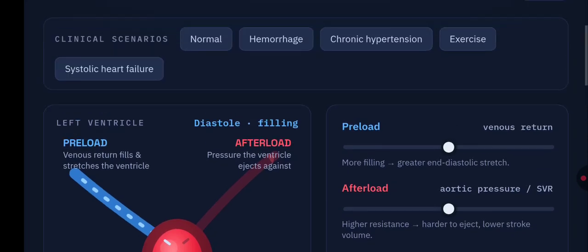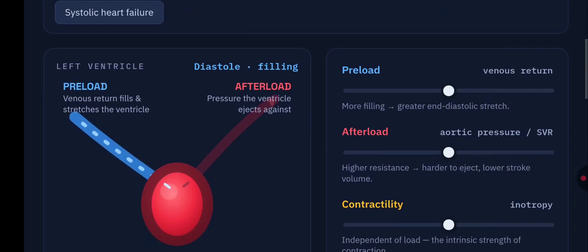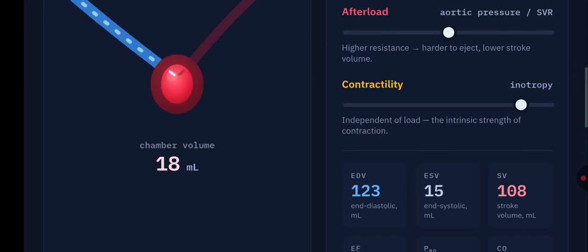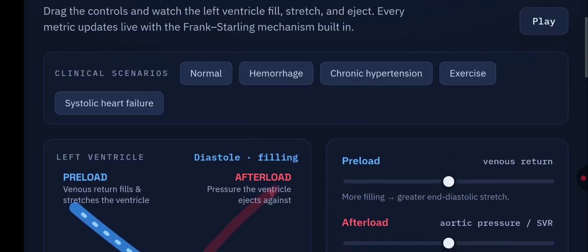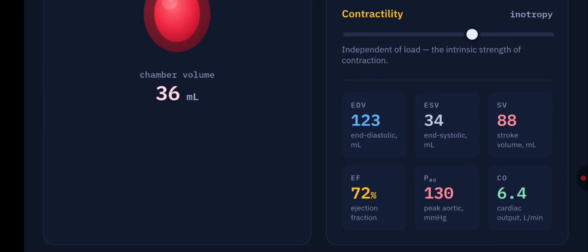First, in normal condition, we talked about it, but before we go to another condition, we need to know some clinical terms. The end-diastolic volume is the maximum amount of blood that fills the ventricle during diastole. The end-systolic volume is the amount of blood remaining after systole, or after contraction of the heart.